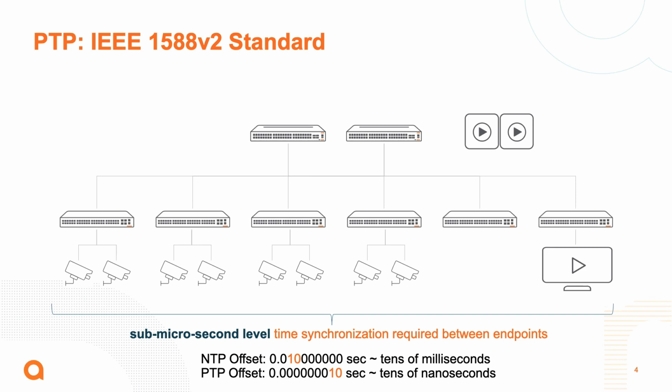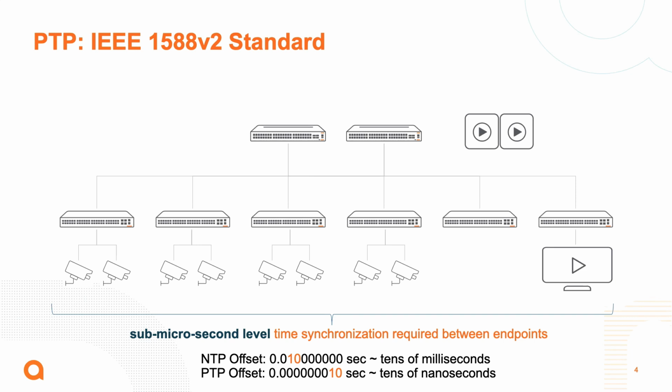Then after that, if the priorities are tied, it will go through 3 values that are part of the clock quality, and these are class, accuracy, and variance. These are embedded in the clock by the manufacturer, and they are values that you cannot change.